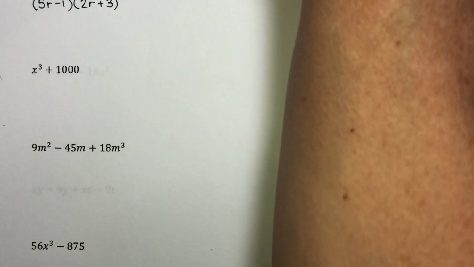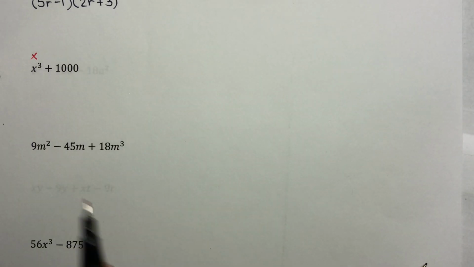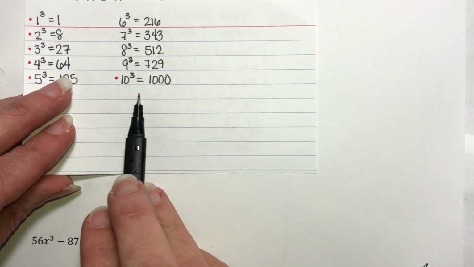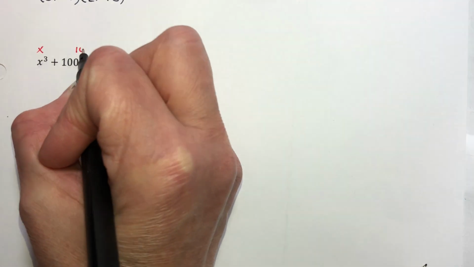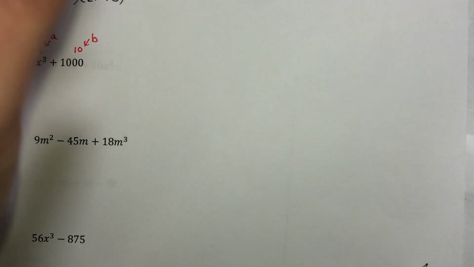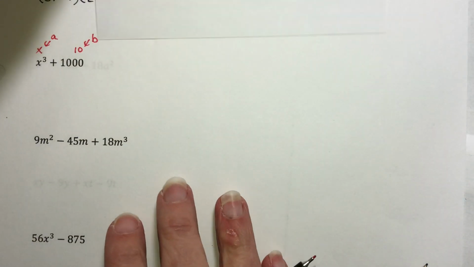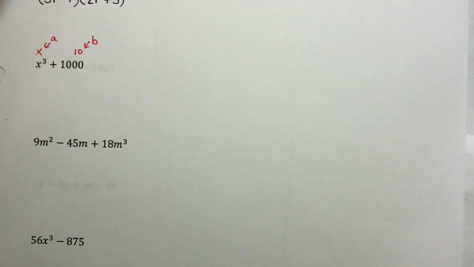Okay, so is x cubed a perfect cube? Yes, absolutely. Its cube root would be x. 1,000 is 10 cubed. So its cube root is 10. This is what I'm going to use for my A. This is what I'm going to use for my B. Okay, sum of cubes. It's A plus B first.